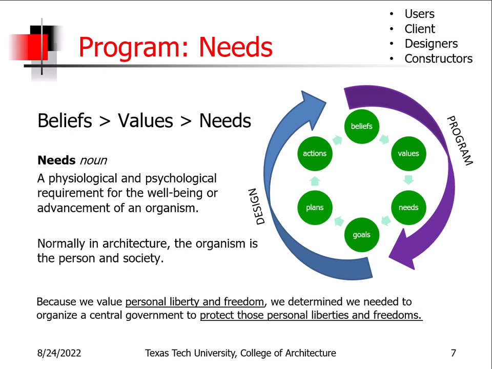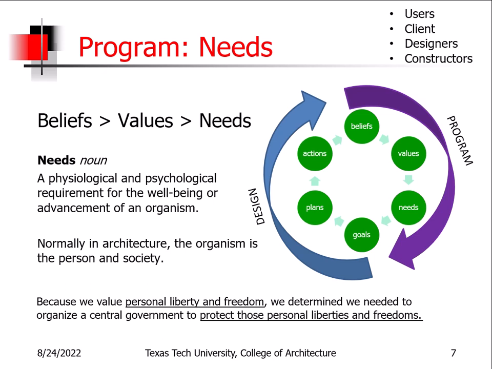Therefore, it creates the need for doctors and clinics and nurses and health caregivers, and places to give care and cure people. So that's an example of how our values automatically create needs.